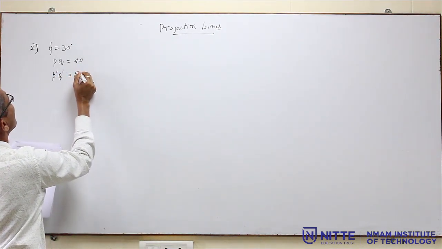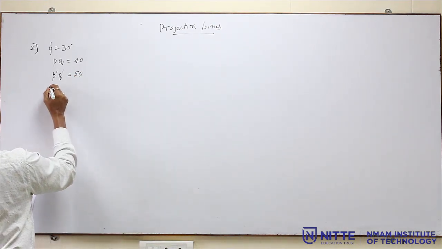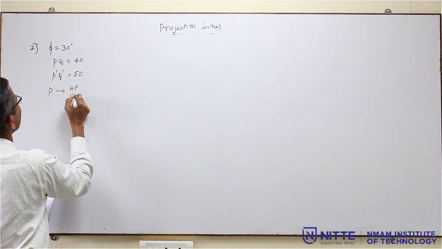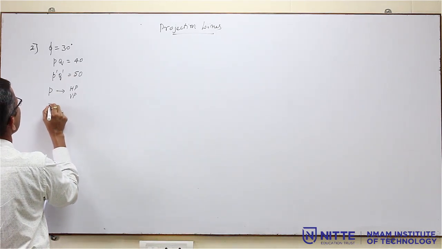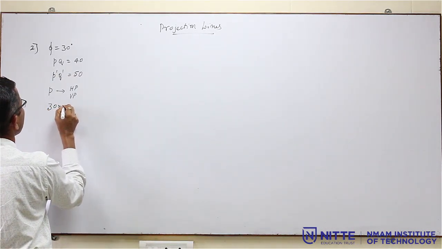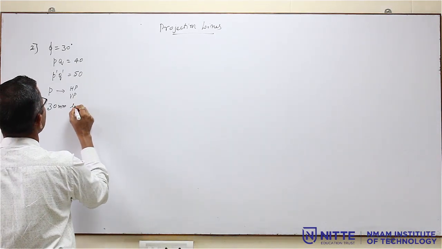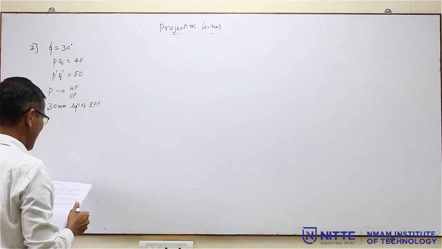The end P is in both HP and VP, and 30 mm to the left of RPP.